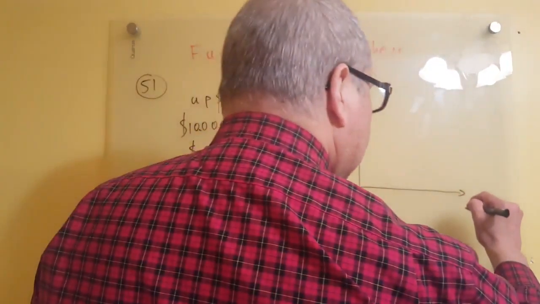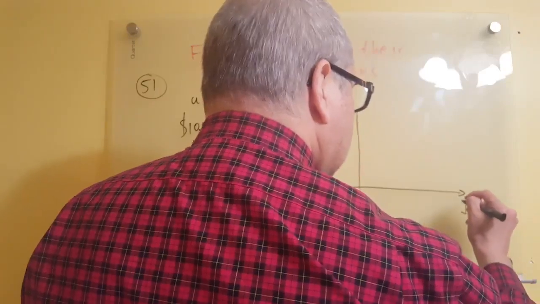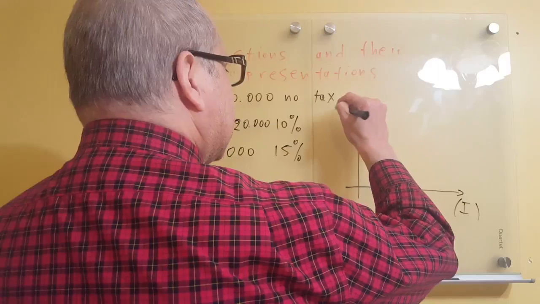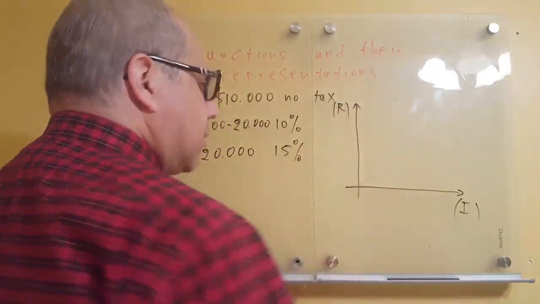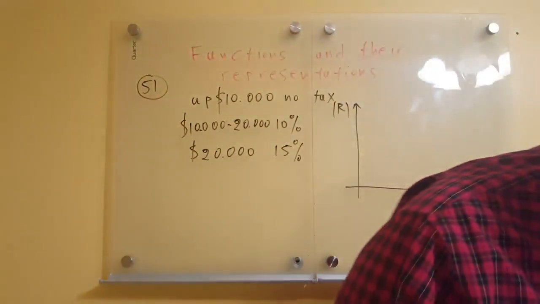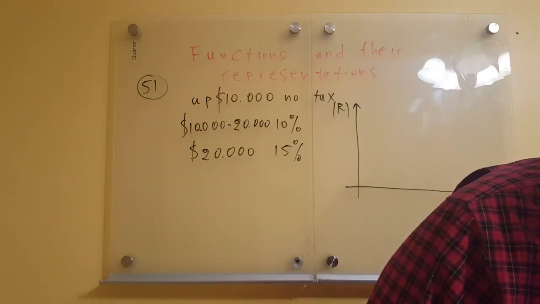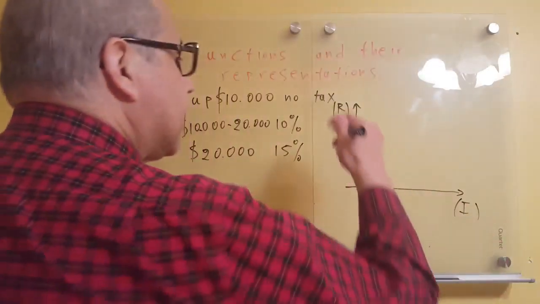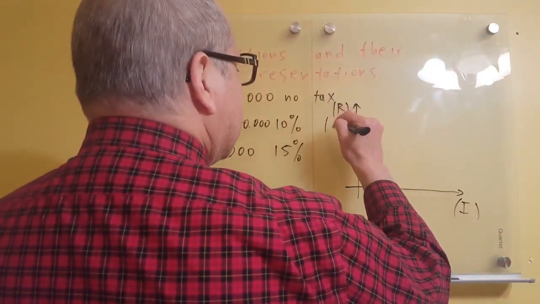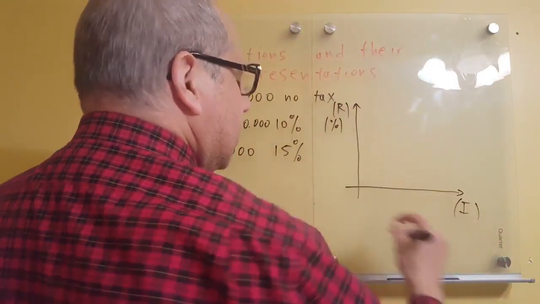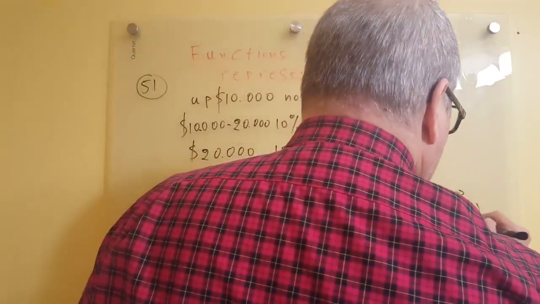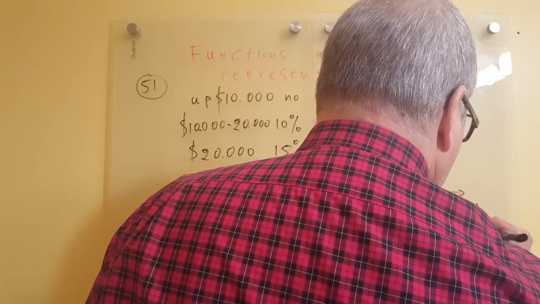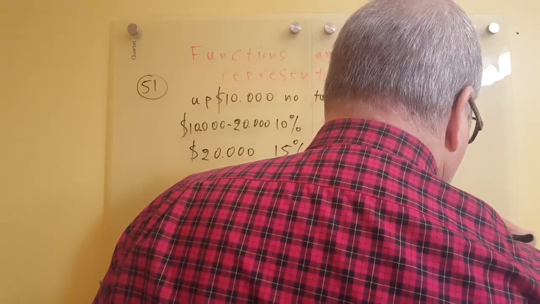So that means that here you have the income, and here you have the tax rate. The tax rate will be in percentage, and the income will be in thousands of dollars.